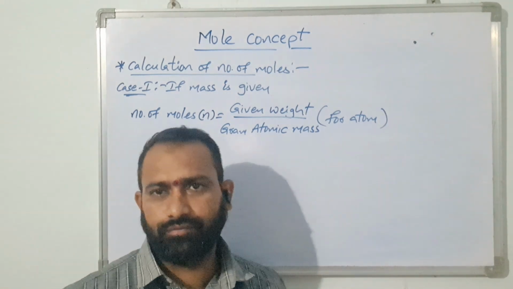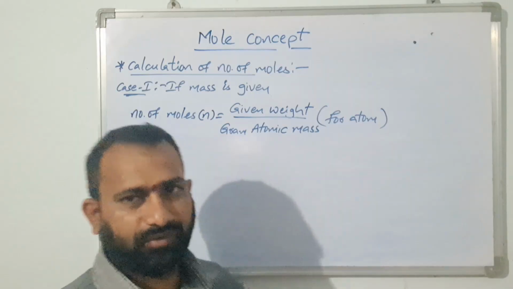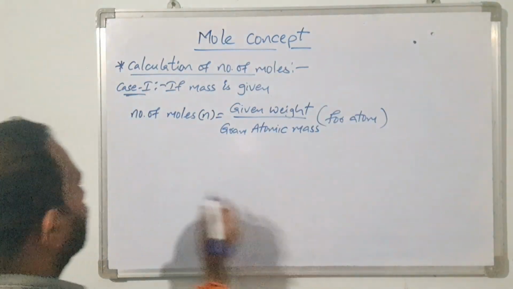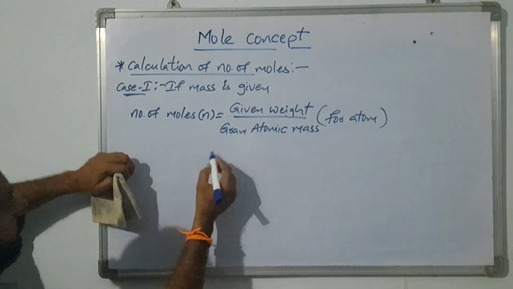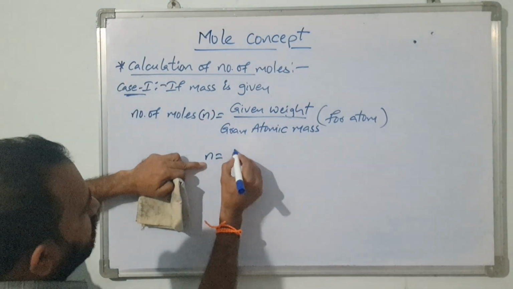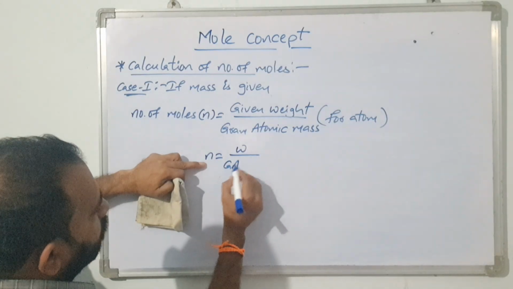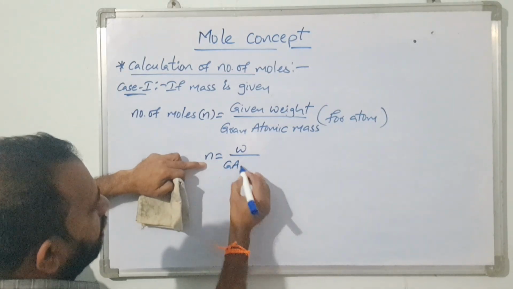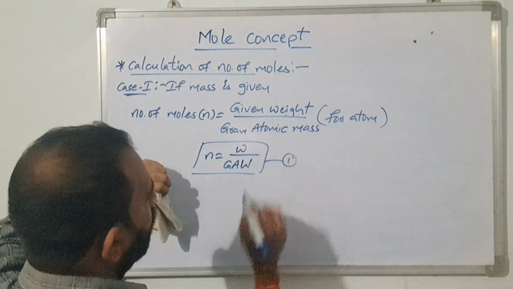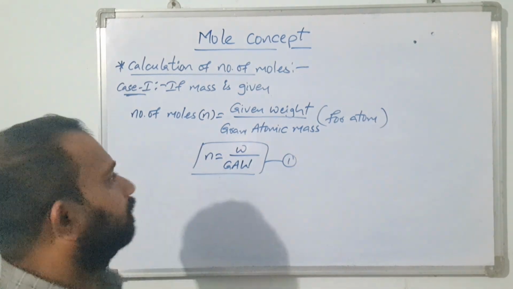I have already told you, in chemistry, mass is equal to weight, that's why we can use mass or weight, both are correct. Weight is denoted by W and gram atomic mass is denoted by GAM or gram atomic weight GAW. So this is formula 1 to calculate the number of moles, used for atoms.